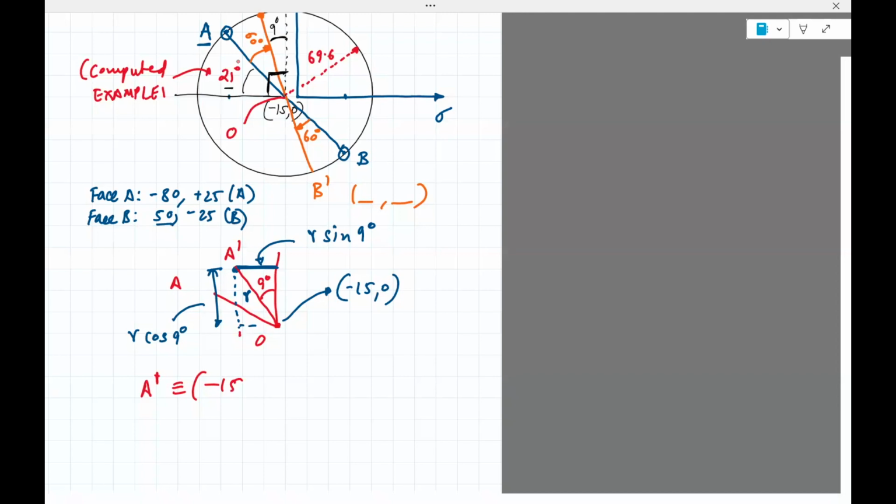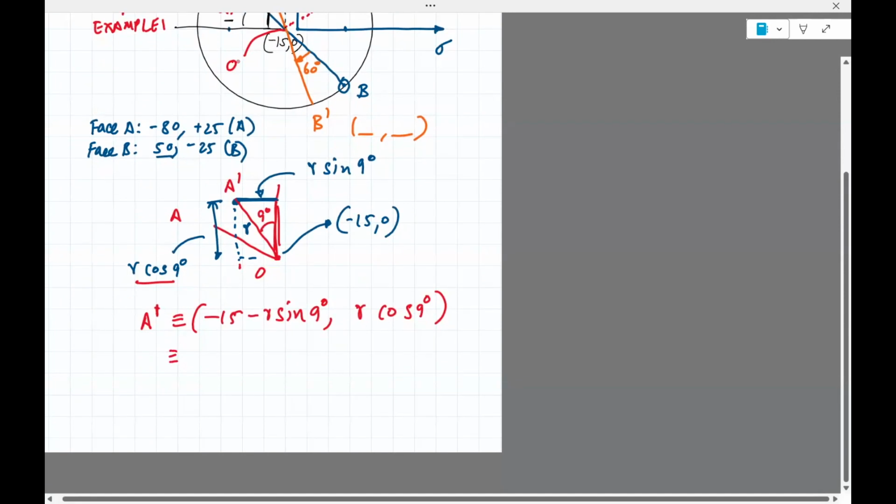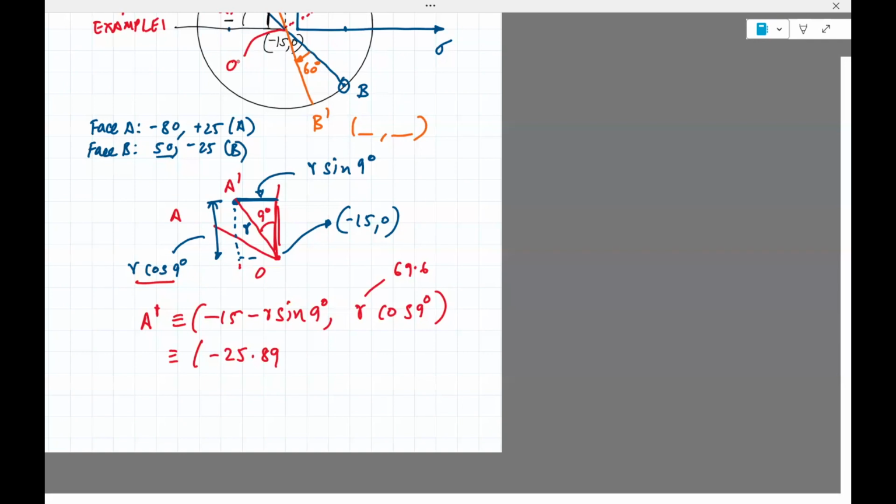So that distance is R sine 9 degrees. And then the y distance is simply R cosine 9 degrees, but it's upward. So R is 69.6. If you do the math, it comes out to be minus 25.89 and 68.76. That's A.